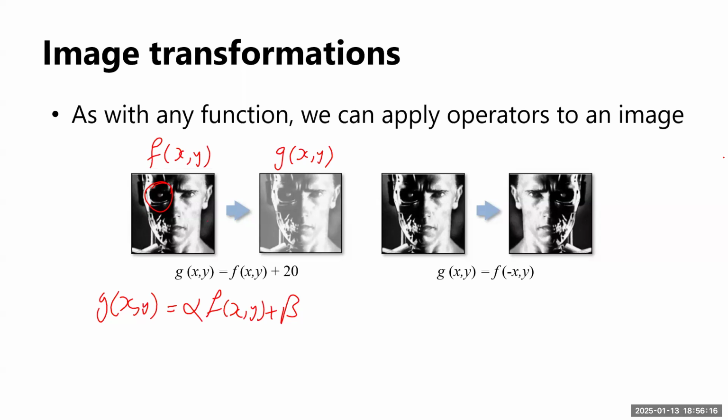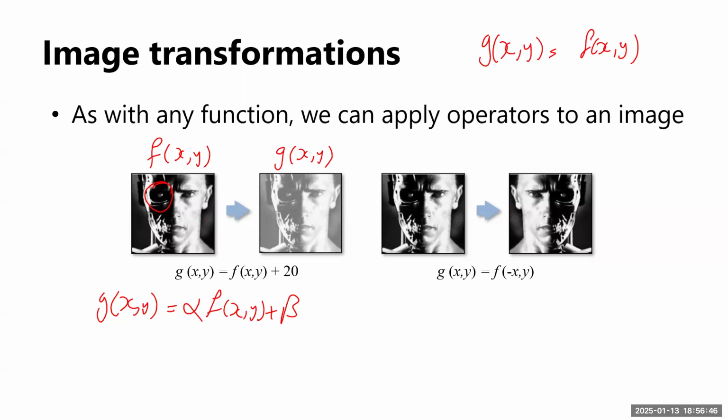Can I have another technique that can enhance the quality of the image and preserve the condition of maximum 255? They said, yes, we can do that. What is it? I will use the same concept: g of x and y equals f of x and y with some mathematical operation.